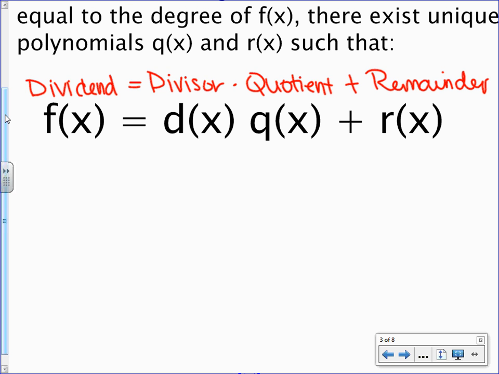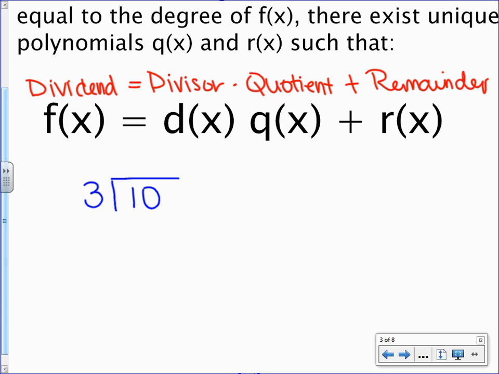Okay, so I am going to show you what this means using numbers. Just a simple division with numbers instead of polynomials, okay? That way you can see why this is true, okay? So if I take 10 divided by 3, what is 10? Our dividend. What's 3? Our divisor, okay?